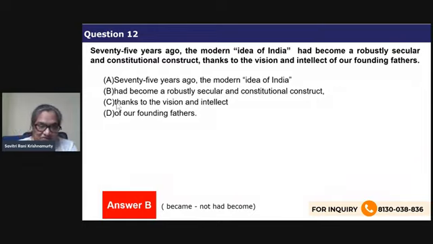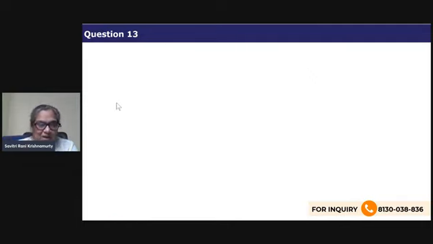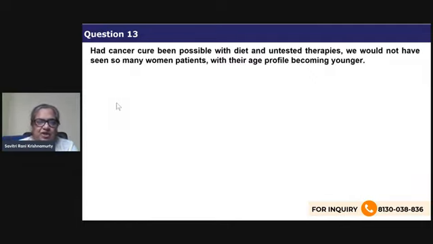Excellent. Very good. Okay. We are on the right track. You're getting all 15 correct this time. Okay. 15 on 15 in English. Had cancer cure been possible with diet and untested therapies, we would not have seen so many women patients with their age profile becoming younger.